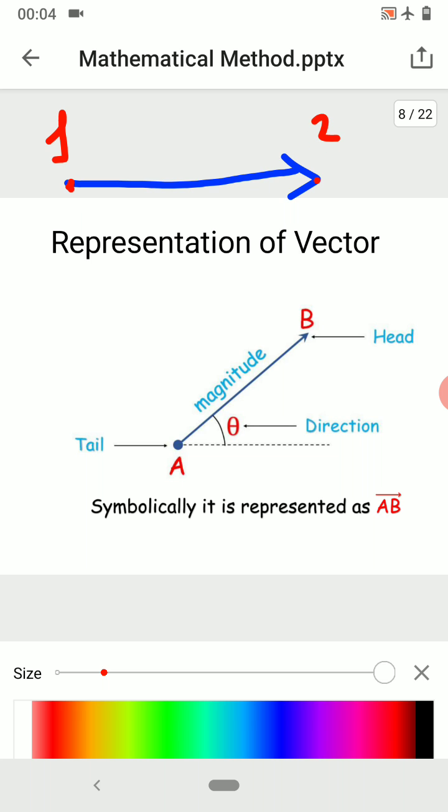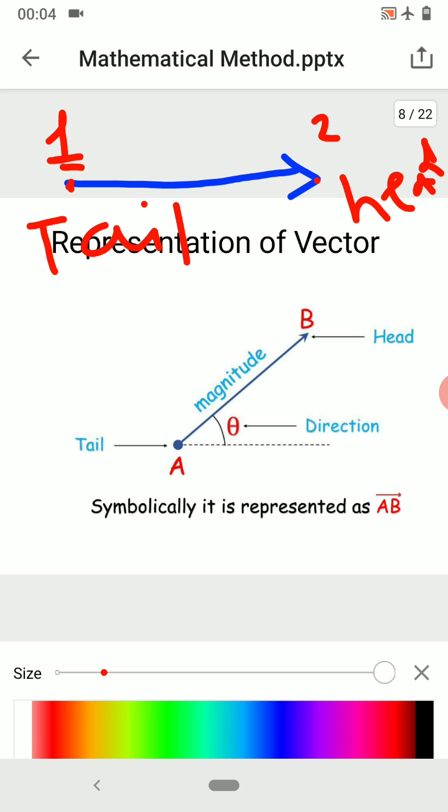The first dot of the arrow is called the tail of the vector, and the second dot on the arrow is called the head of the vector.